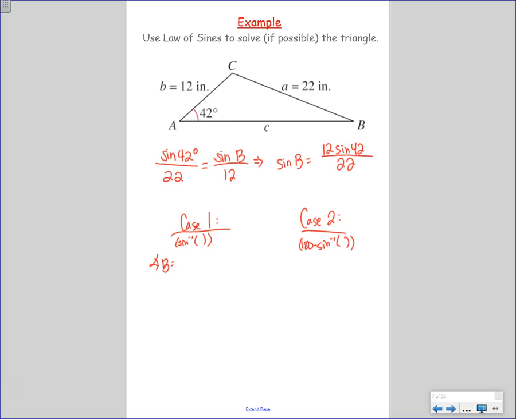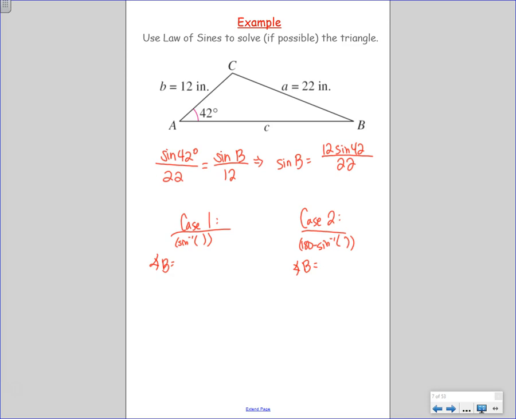Does that make sense? Yeah, I have a question. Yeah, I'm listening, go ahead. So B would be the sine inverse of both sides. Because the only way to solve for B is to take sine inverse of both sides. The reason I'm not showing that, Caro, is because technically that would be automatically case 1.